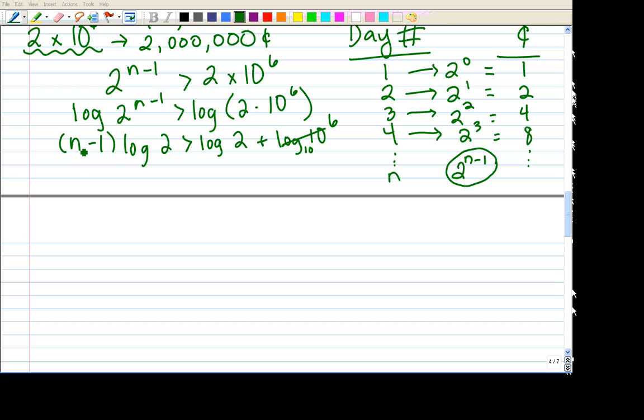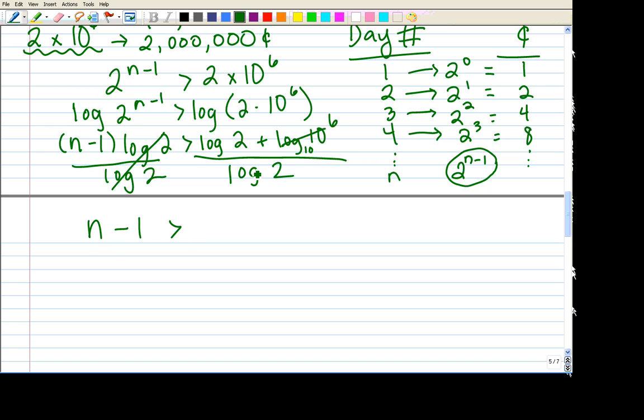I'm trying to get that n by itself, so I'm going to divide both sides by the log of 2. So that goes away. So on the left hand side I have n minus 1 greater than. I don't want to just cancel these things out, because don't forget that the plus 6 is also being divided by log of 2.